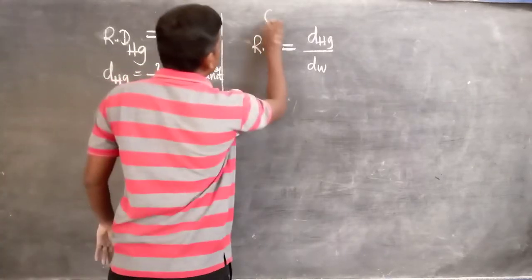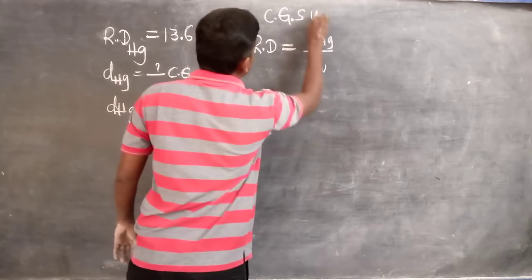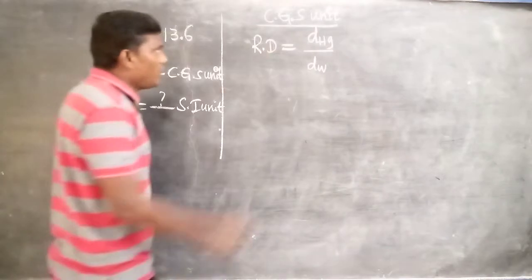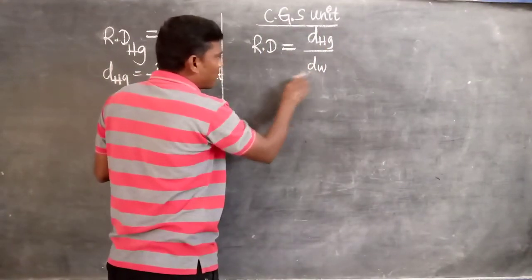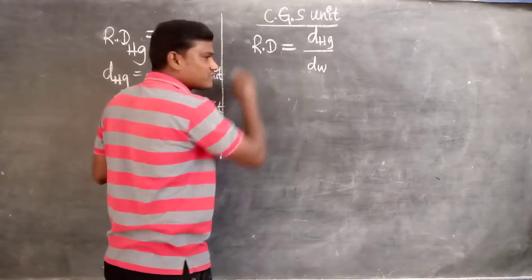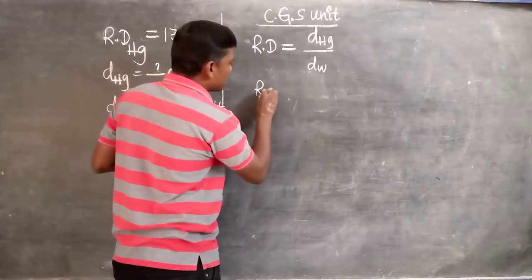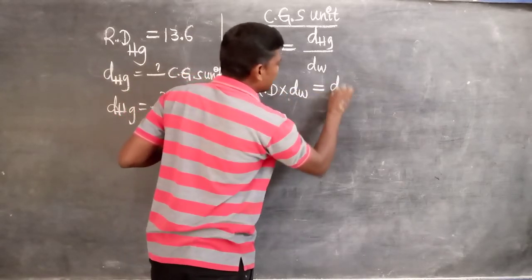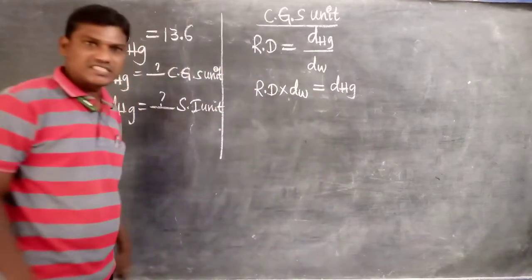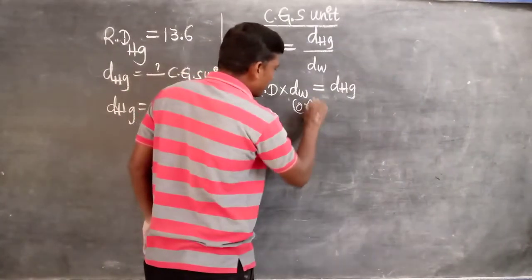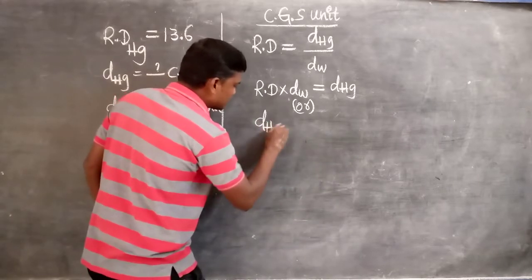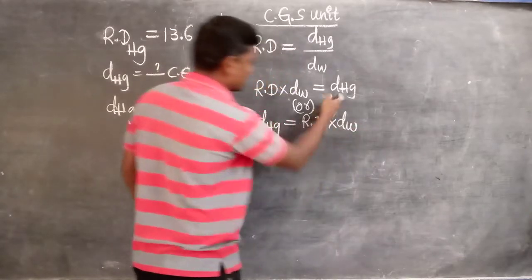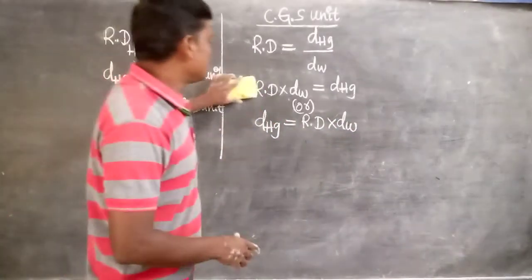That is, density of water transferred to the left hand side: relative density into density of water is equal to density of mercury. Is it correct or not? So for our common purpose we can write that D of Hg is equal to relative density into density of water. Simply.